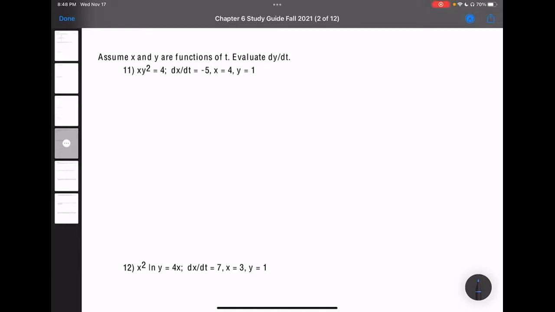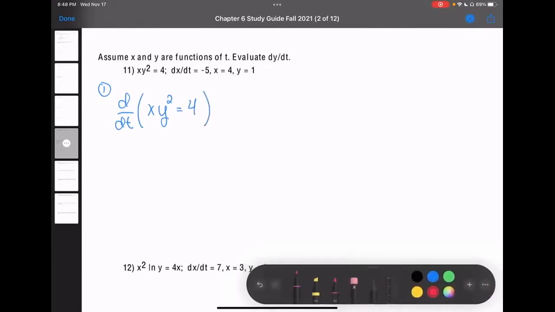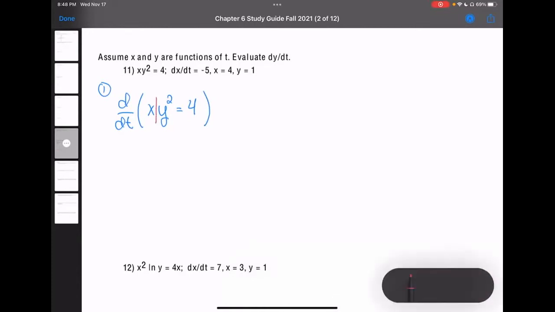To get this started, we're going to first find the derivative of our function with respect to t. d dt of, and we just rewrite the entire function, x y squared equals 4. We notice right off the bat this is a product rule.